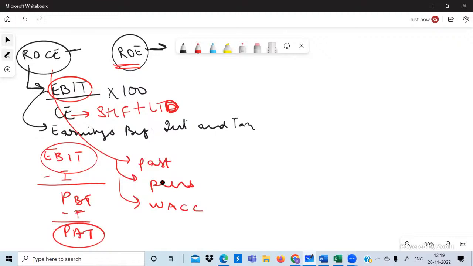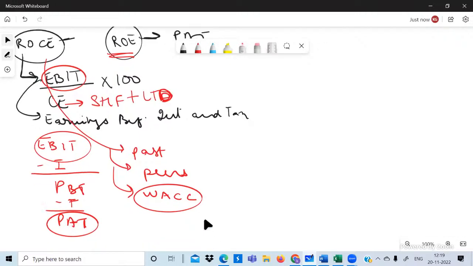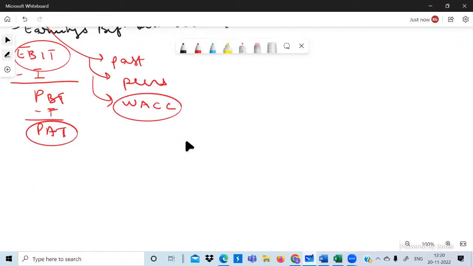Any idea what's weighted average cost of capital? Anyone? What's WACC? Weighted average cost of capital. What does it mean? Okay.